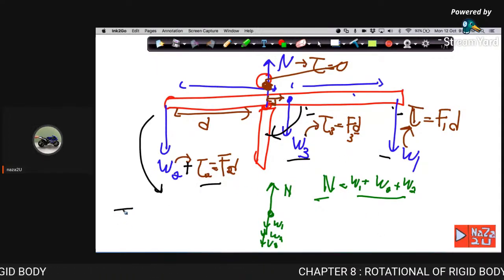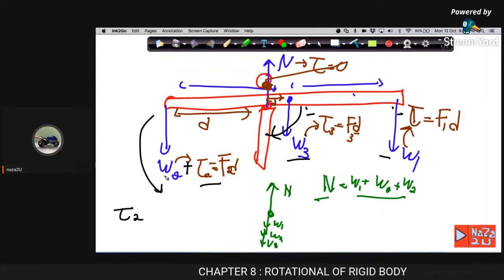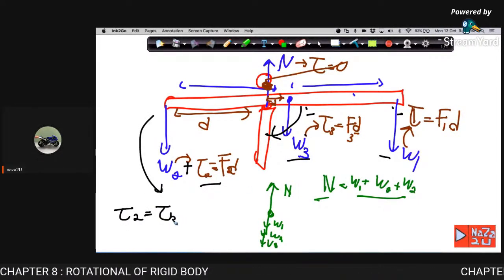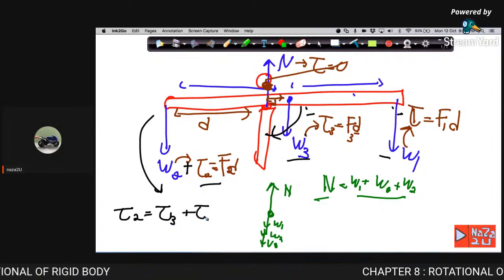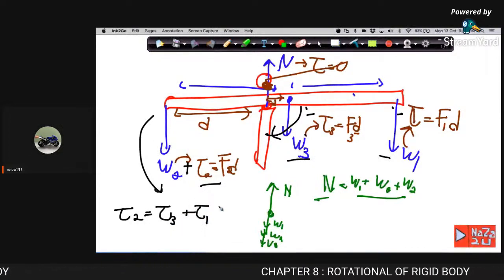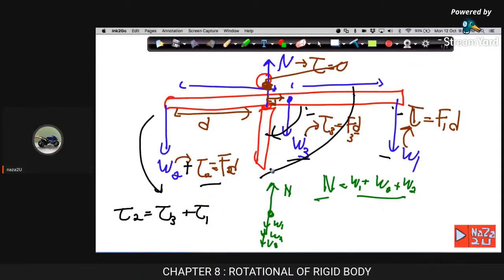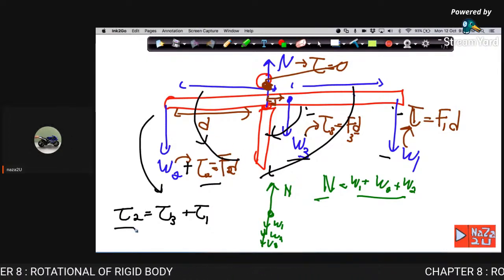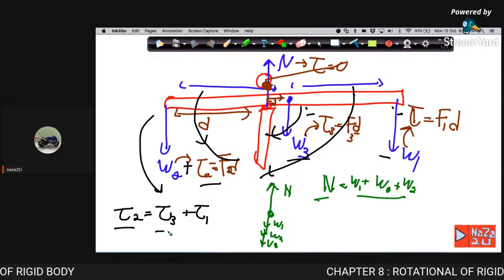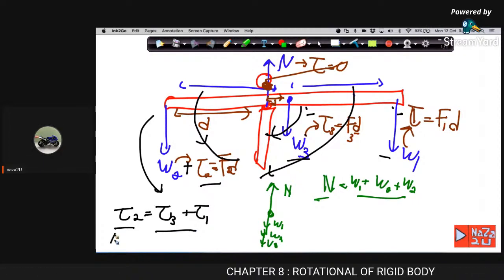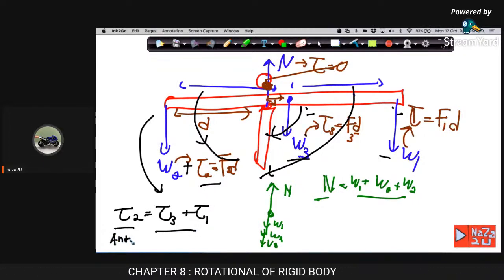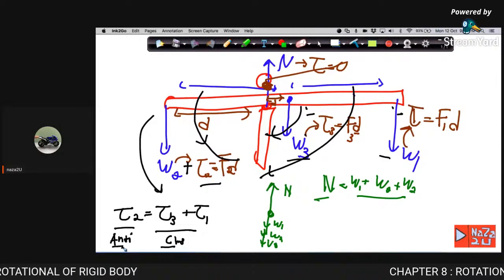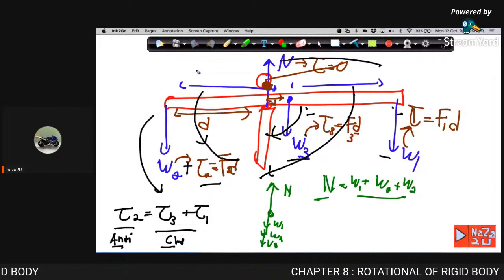So torque 2 is equal to torque 3 plus torque 1, right? Clockwise torque is equal to anti-clockwise torque. They are equal because the system does not move.